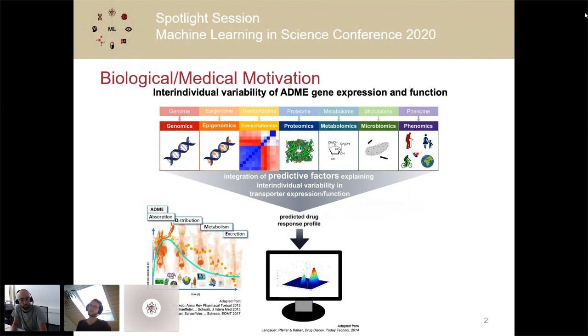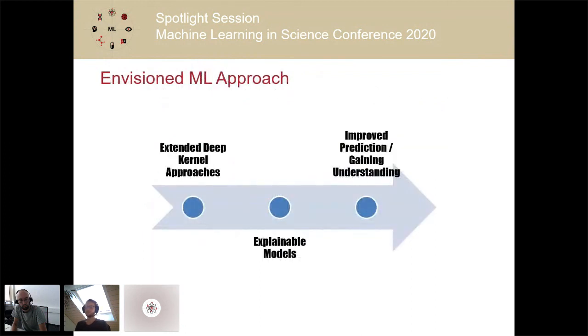To achieve this reliable prediction, we split our project into 3 phases that you can see on the next slide. In the first phase of our project, we want to extend deep kernel approaches to incorporate kernels that in the past have already proven to be beneficial for different data that all affect the ADME phenotype of our patient.